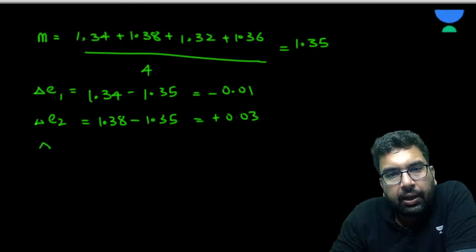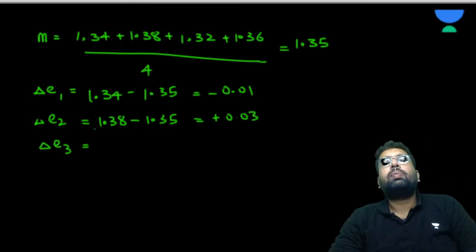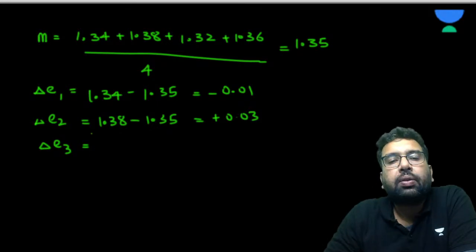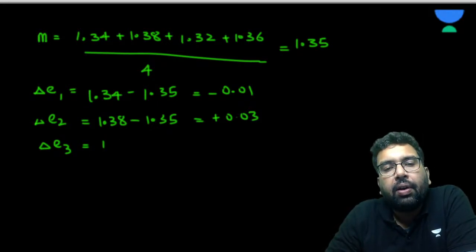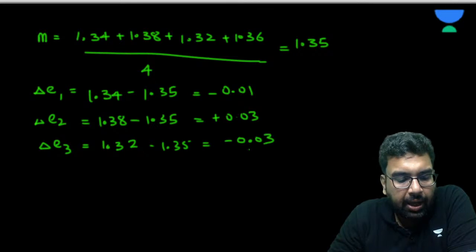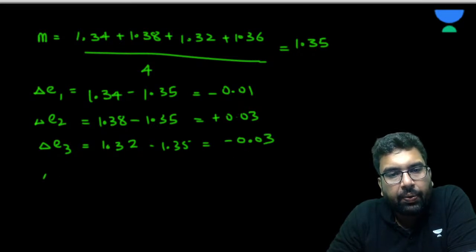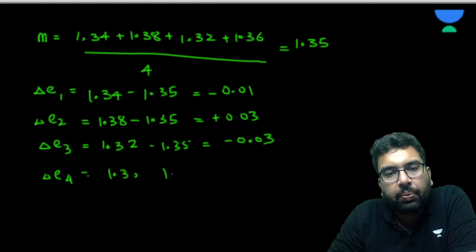Delta E3 is going to be 1.32 minus 1.35, which is minus 0.03, and delta E4 is going to be 1.36 minus 1.35, which is 0.01.